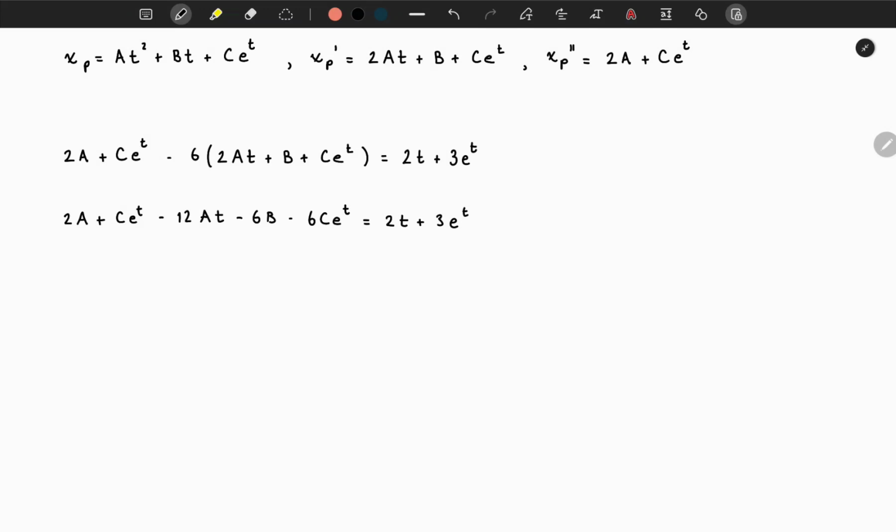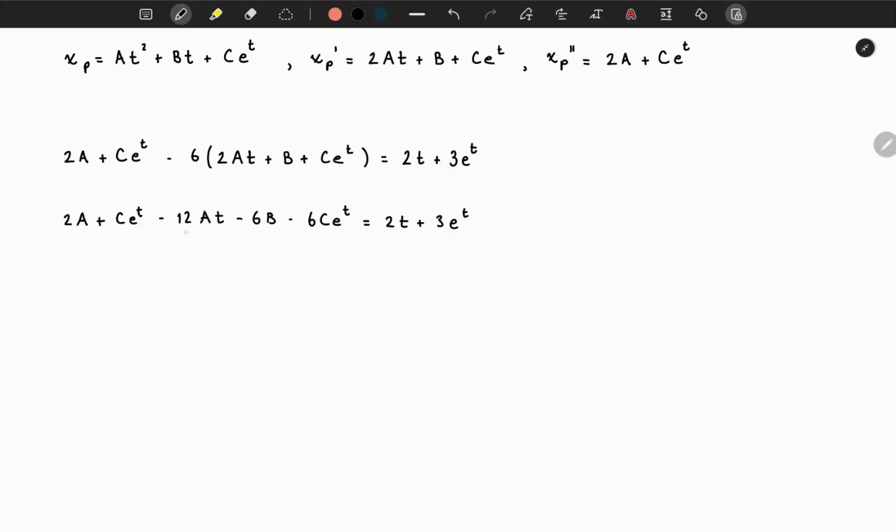So there are a couple of ways to do this, or well, mainly two. What we're going to do is actually group them up and then solve. So basically, let's group up all the functions with t first.